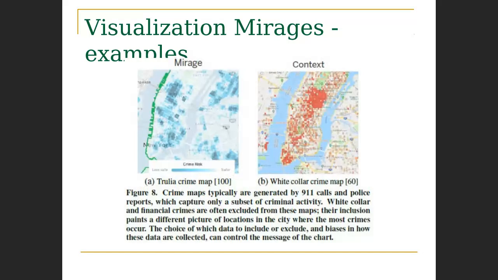And another one here, it's basically what data is being considered. So they look at crime data generated by 911 calls on one side, and note that most data fall where it falls. I think that's maybe Manhattan. And here is the data including white collar crimes.